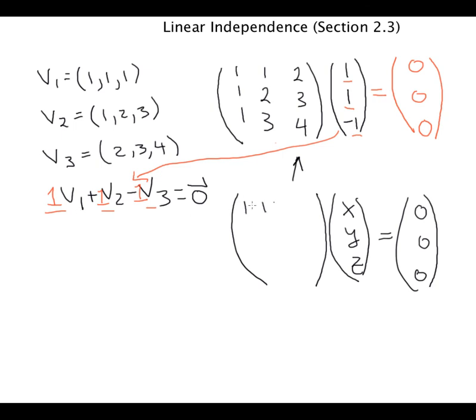1, 1, 2, and so on. In other words, I'm trying to solve a homogeneous equation. This matrix times this vector is equal to 0. And when does that have a solution? A non-trivial solution. This matrix equation has a non-trivial, which is to say not all zeros, solution.